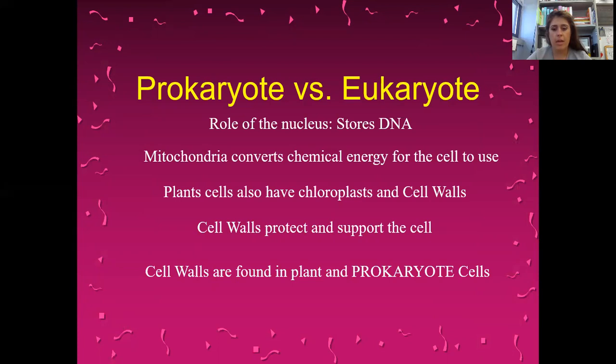Mitochondria converts that chemical energy for the cell to use. And like I said earlier, it's very important for you to remember that plant cells, in addition to having similar organelles as animal cells, have also chloroplast and cell walls. Cell walls protect and support the cell, and cell walls are also found in plant and prokaryote cells.